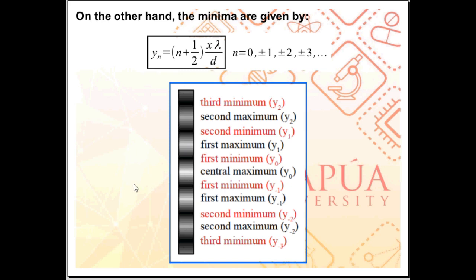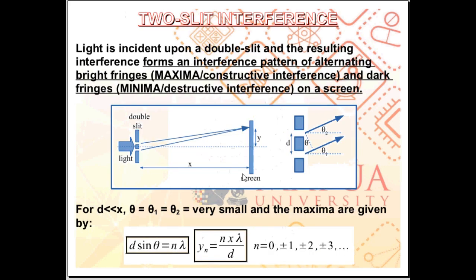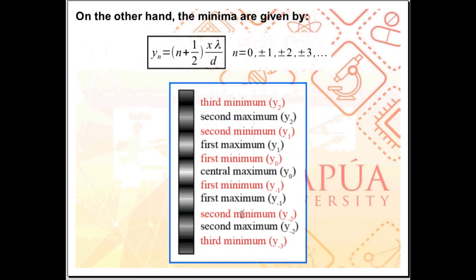Take note of the following naming convention. For n is equal to 0, you have y0. You have the central maximum. So y0 for the bright fringe, you have the central maximum. The central maximum is the brightest spot on the screen.